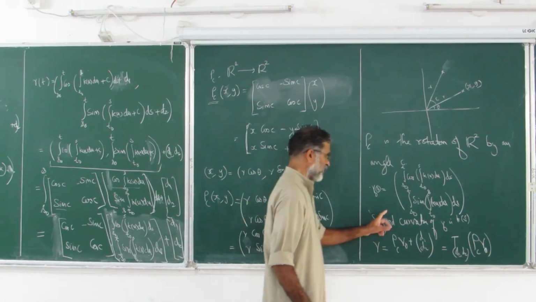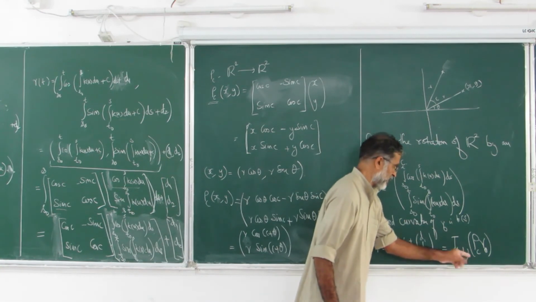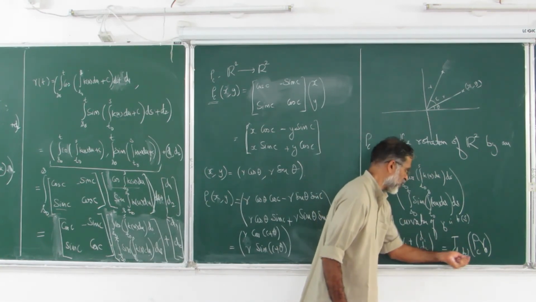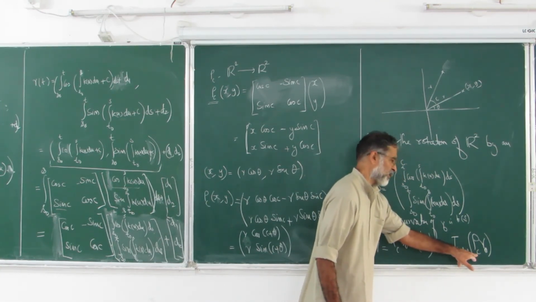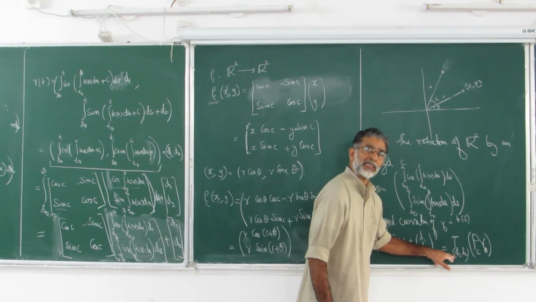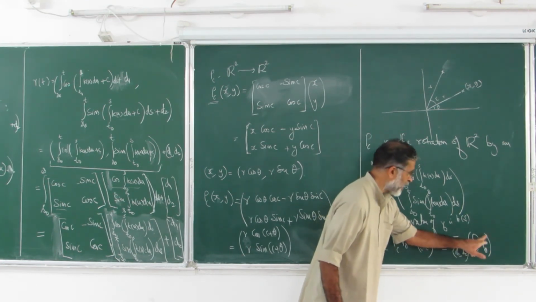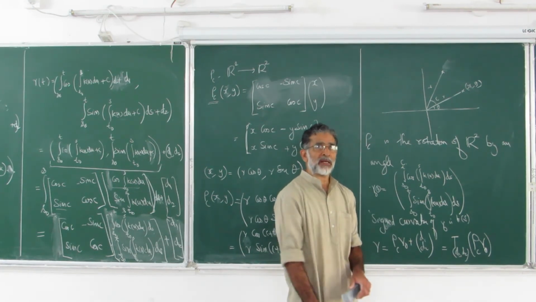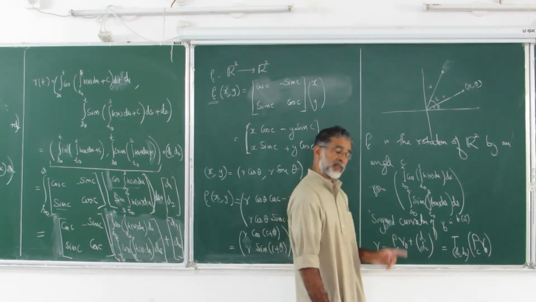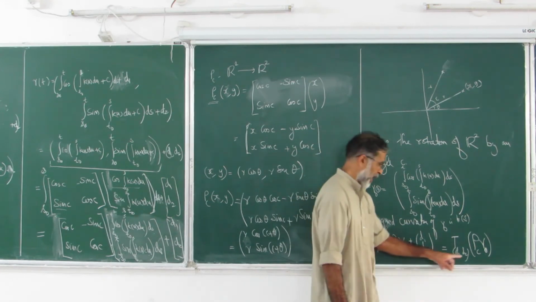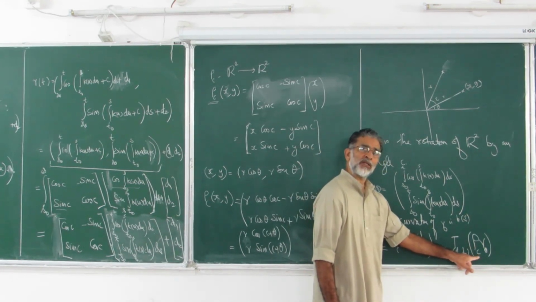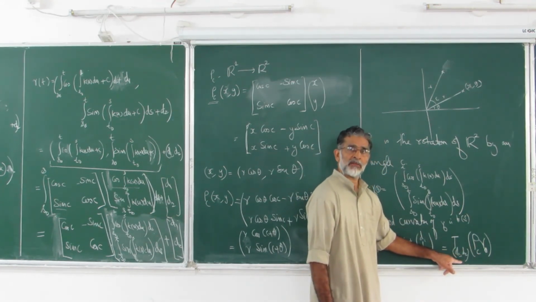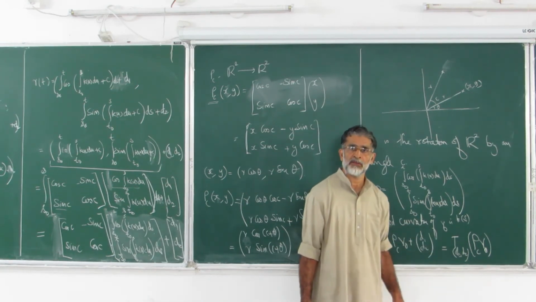So you have one curve and take any constants d1, d2, c, you will get a rotation followed by a translation. Once you fix gamma naught, from gamma naught you will get every curve whose signed curvature is K(s) by using a rotation followed by translation. So that is the concept.